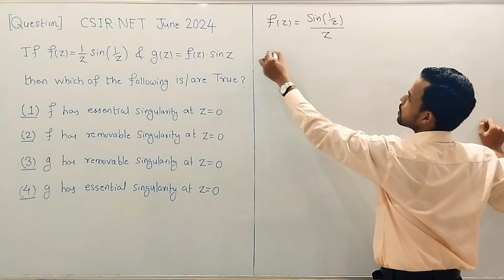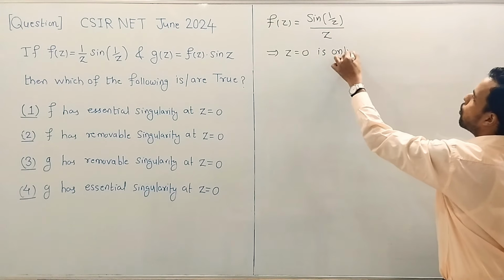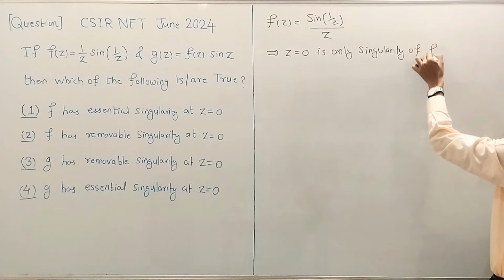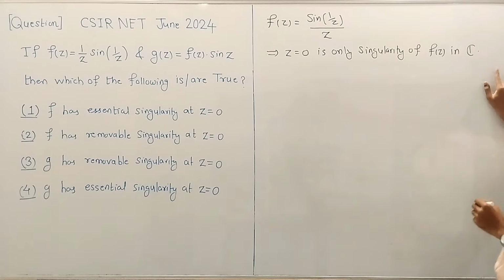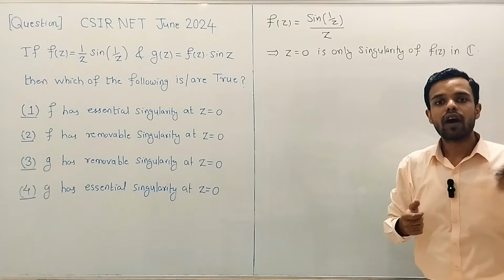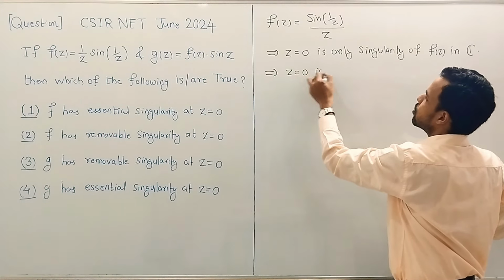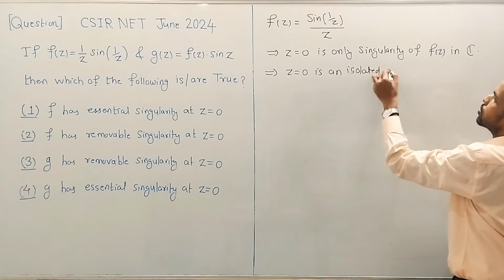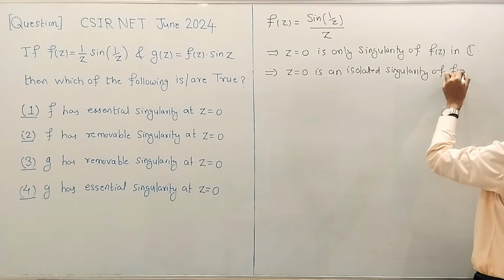So this implies z equals 0 is the only singularity of f of z in the complex plane C. And as this is the only singularity of f of z, by the definition of isolated singularity, this implies z equals 0 is an isolated singularity of f of z.